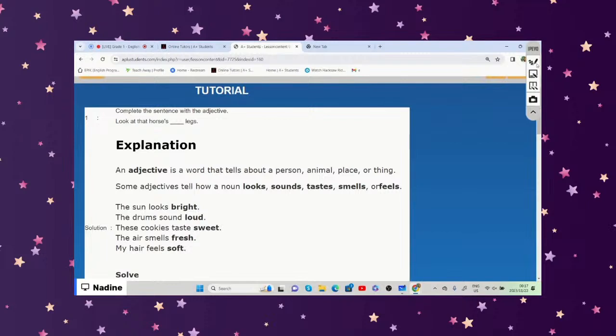Once again, an adjective is a word that tells about a person, an animal, a place, or a thing. Some adjectives tell us how a noun looks, sounds, tastes, smells, or feels.